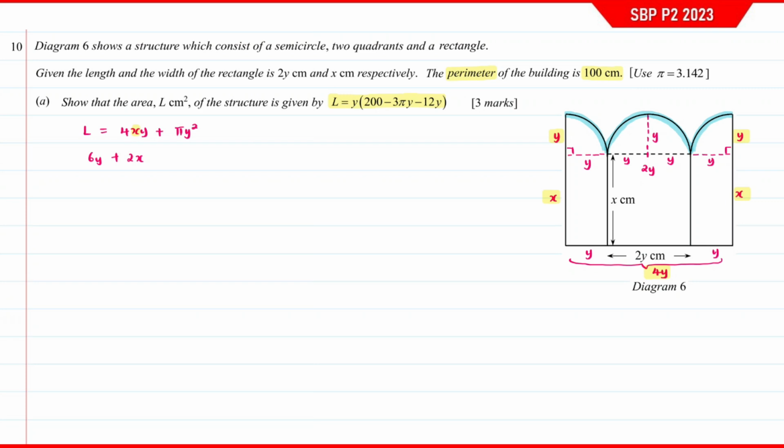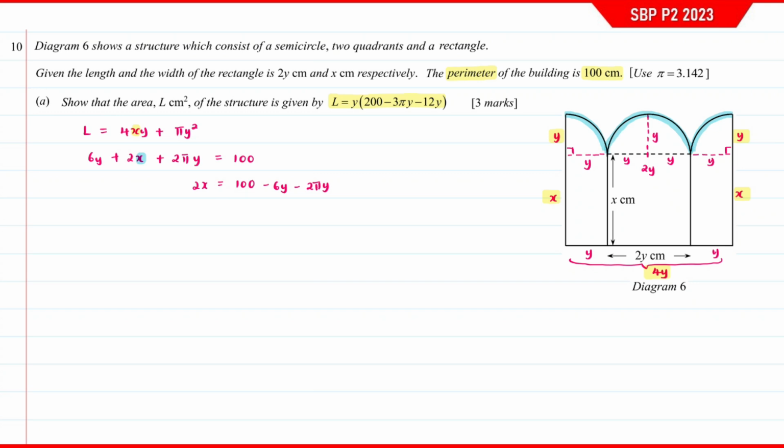Then the circumference will be just 2 pi r. So here the r, we're going to substitute it with y. Then we're going to get 2 pi y. Then this is equal to 100. So here we're going to let x become the subject. So 2x is equal to 100 minus 6y minus 2 pi y.